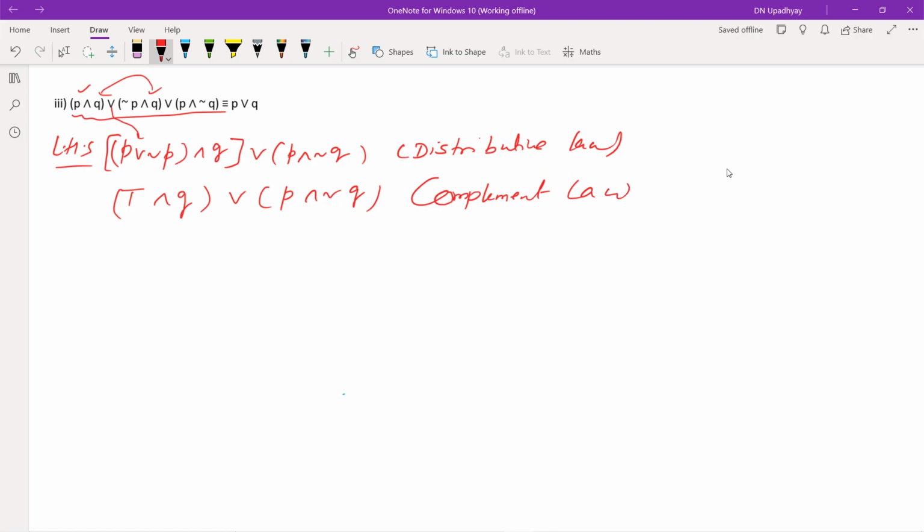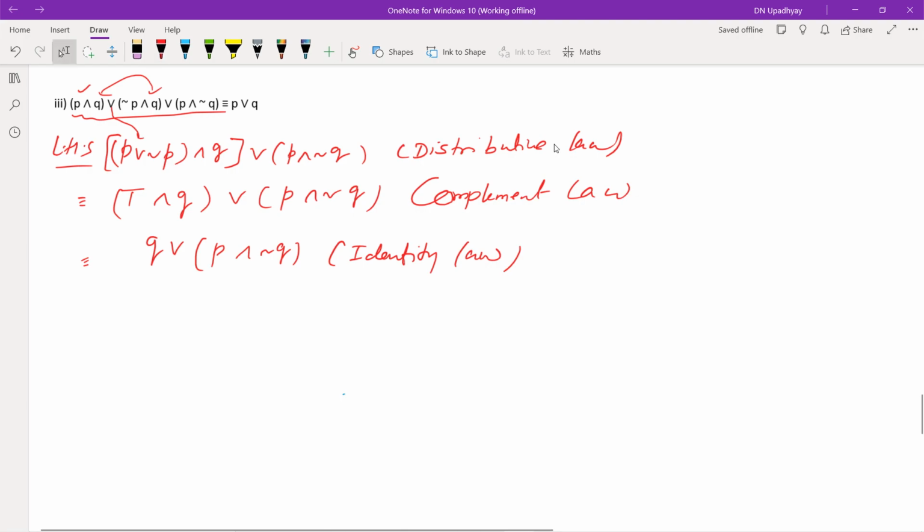This is complement law. And now P and something is nothing but the same thing. So identity law.